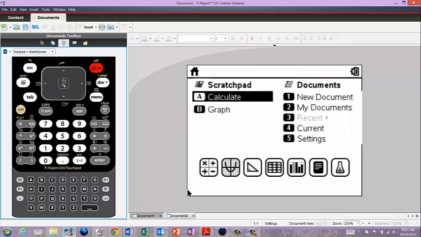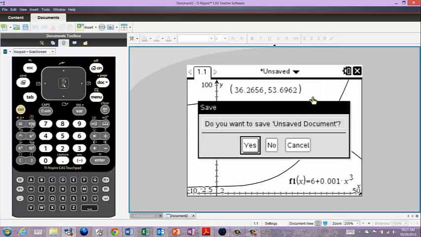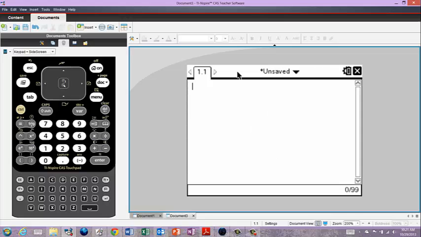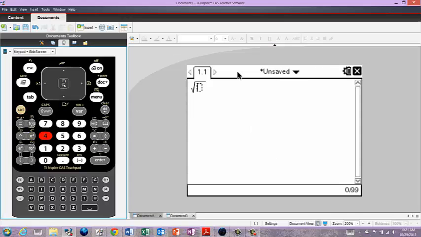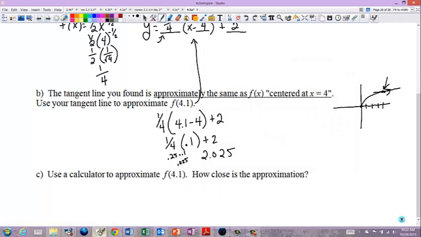So f of x was the square root, so the square root of 4.1 is 2.02485. So we approximated it. We said it was 2.025.